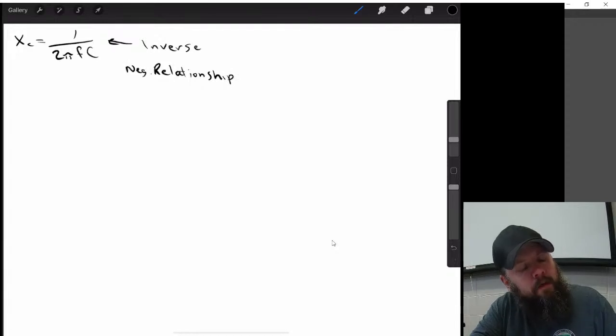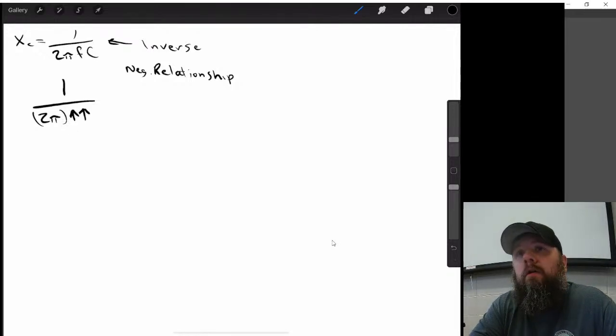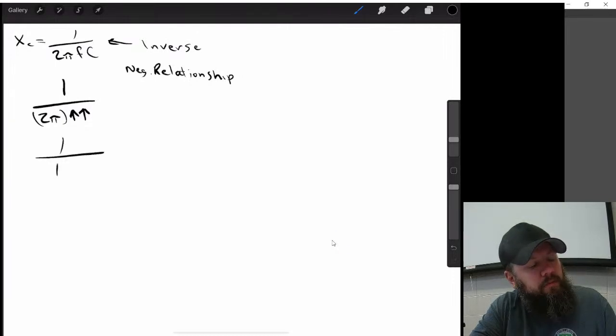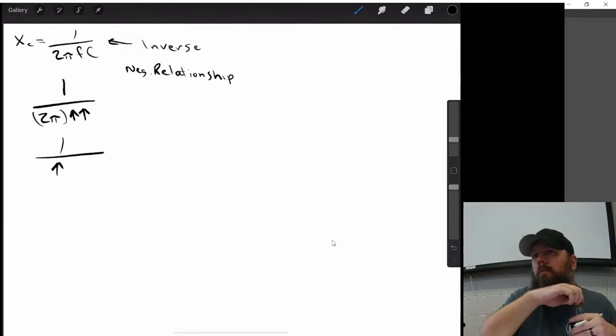Okay. So ignore all the funky junk in there. Ignore the 2 pi. That's a constant, right? That stays the same. But what happens if the frequency or the capacitance goes up when you're under a 1? This number under the 1 gets bigger, doesn't it? Because you're multiplying by a constant.